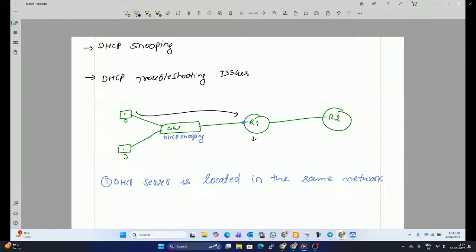Let's say if I want to debug DHCP. Right now I have the device access through CLI. So in this CLI, we can say debug ip dhcp server packet. And we can see whether this router is receiving the DHCP messages or not.